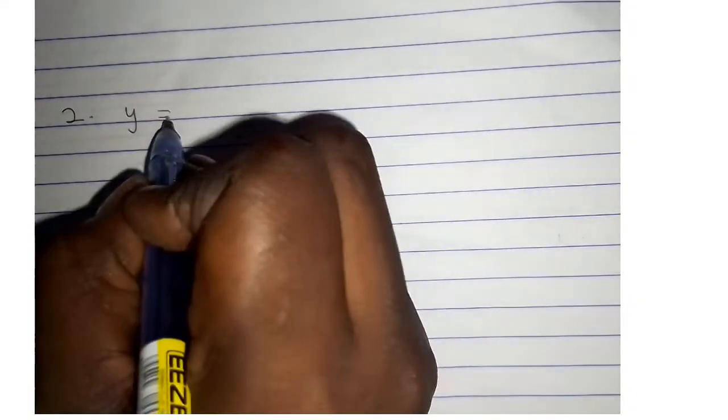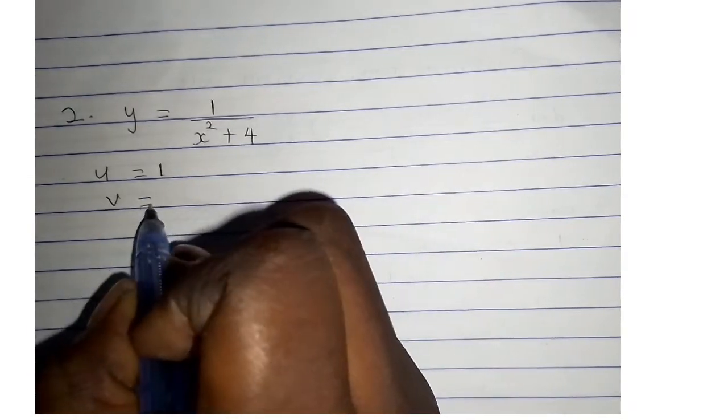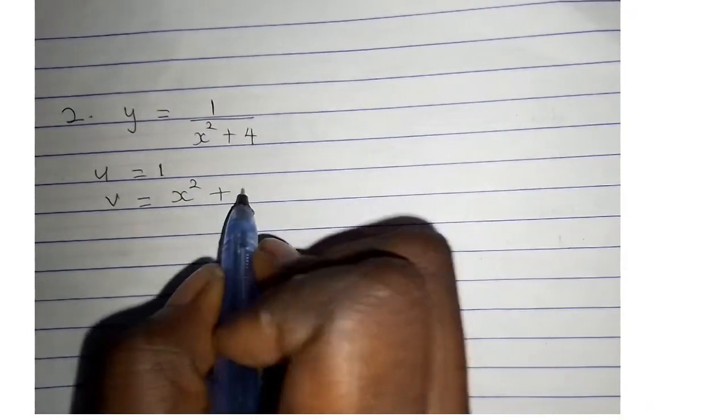Okay, another example. We have a question given as y is equal to 1 over x squared plus 4. So our u will be equal to 1. Then we say let our v be equal to x squared plus 4.